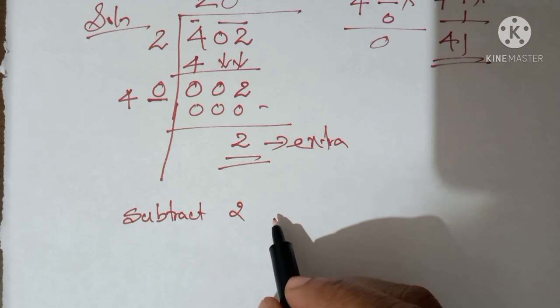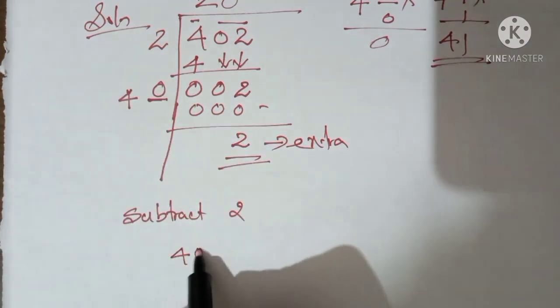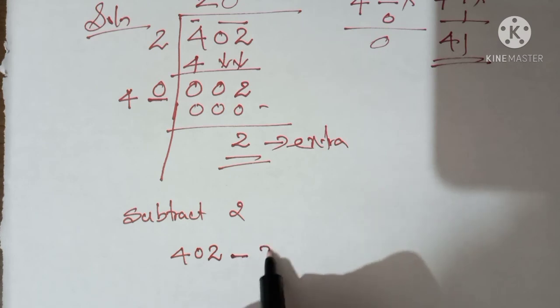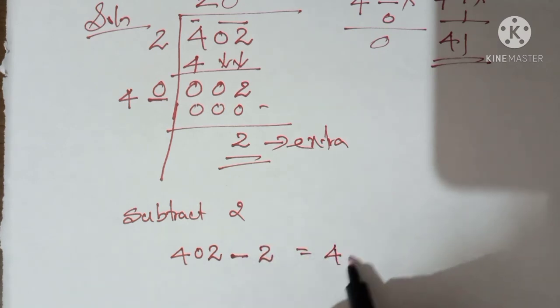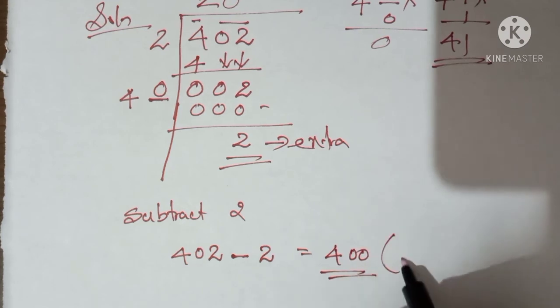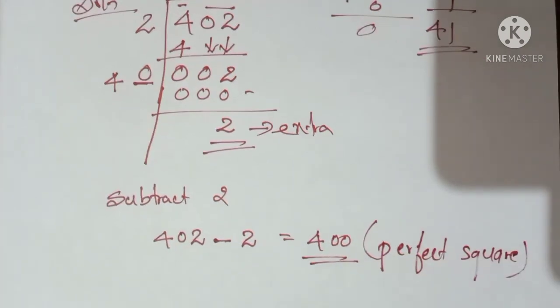We want to subtract 2. So 402 minus 2, you will be getting the answer 400. So 400 is a perfect square.